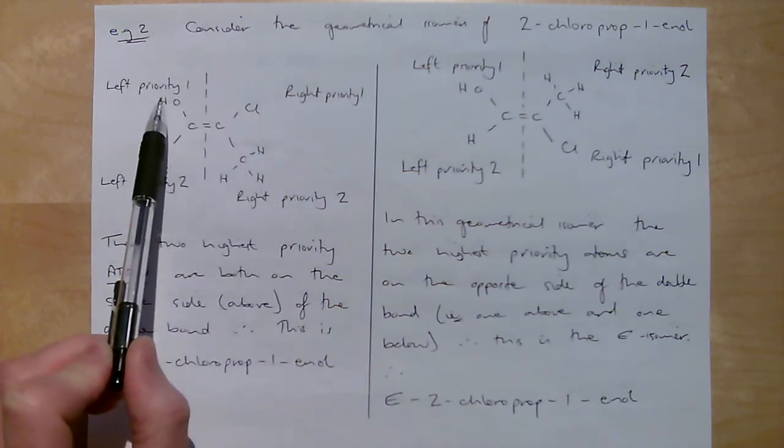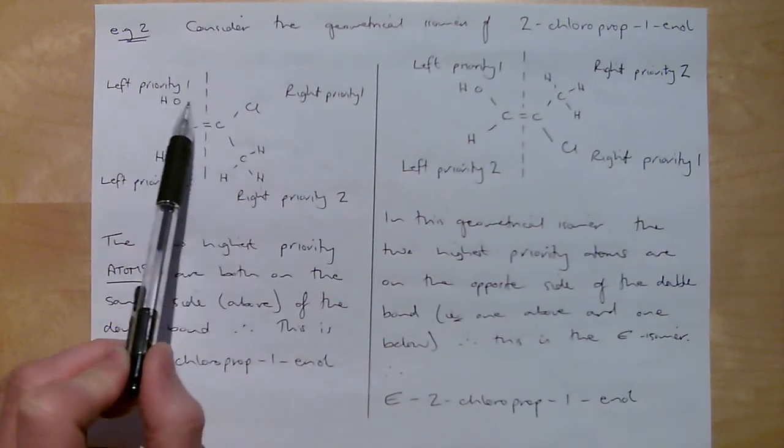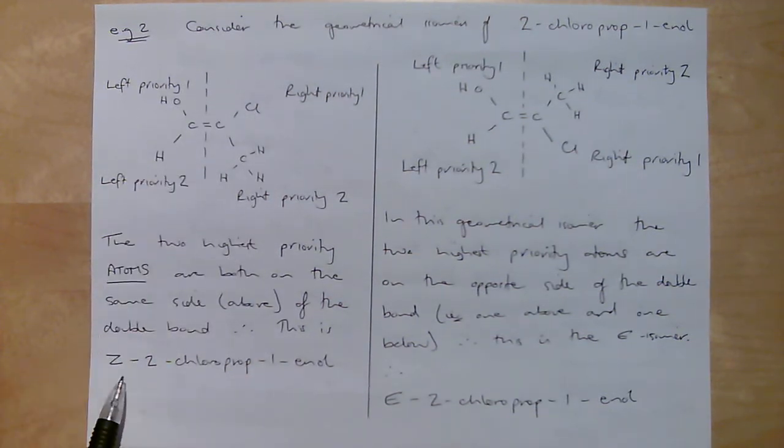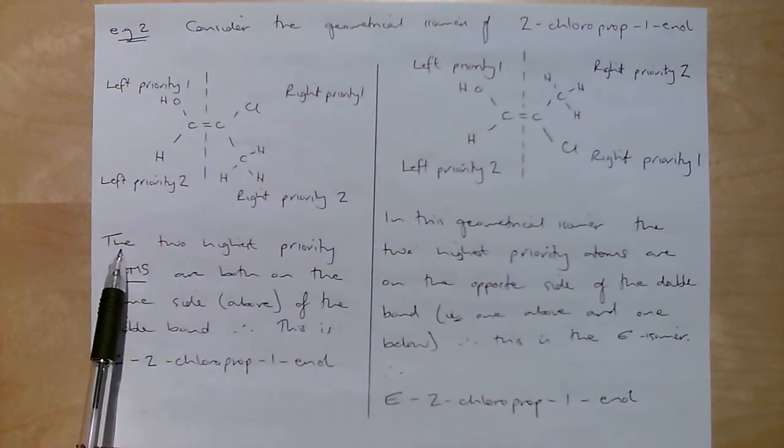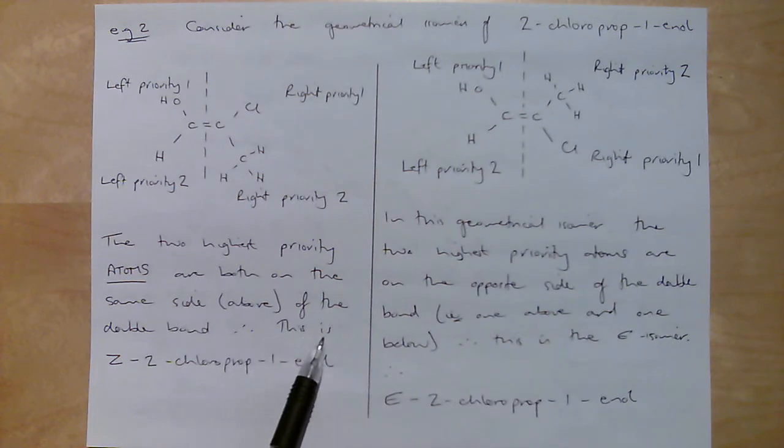Okay, my priority groups on the left and the right are both on the top, they're both on the same side. Okay, so that is Z-2-chloro-prop-1-enol. Okay, so the two highest priority atoms are both on the same side above the double bond. Okay, so therefore this is Z-2-chloro-prop-1-enol.